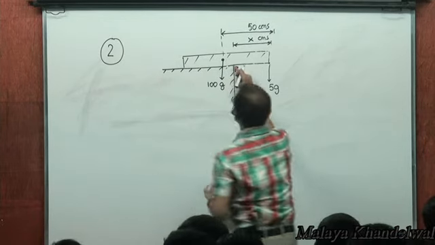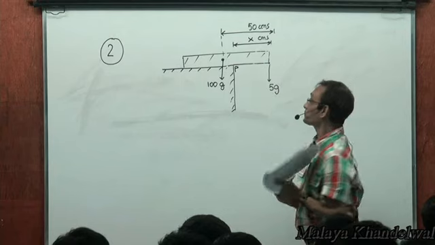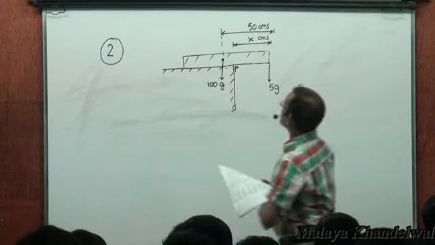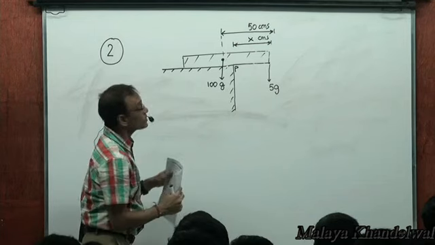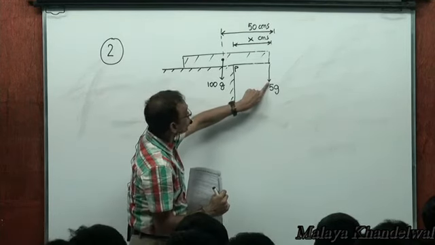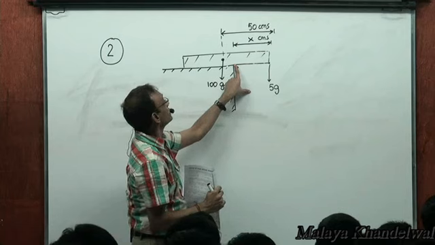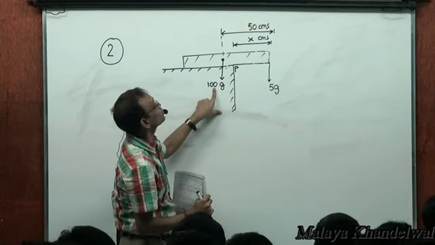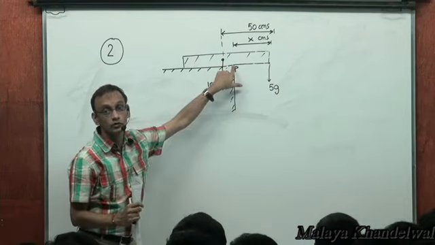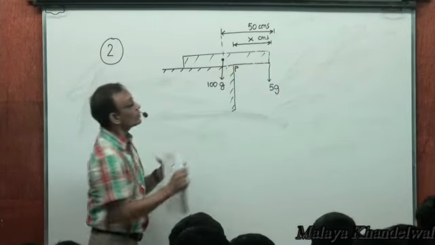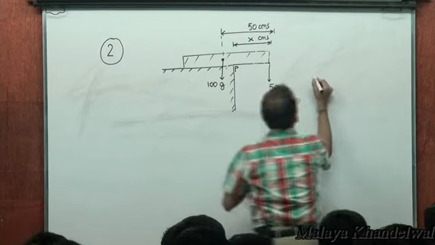Now, in order that it could just tilt about P, what is required is that the torque of 5 grams about P must be just more than the torque of 100 grams about P. You know what I'm saying? See, this is the rod.